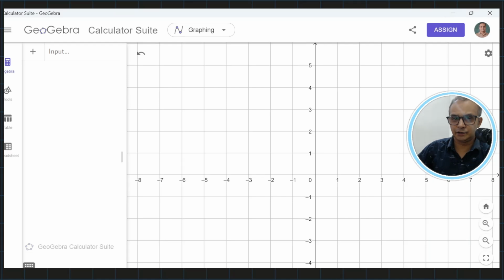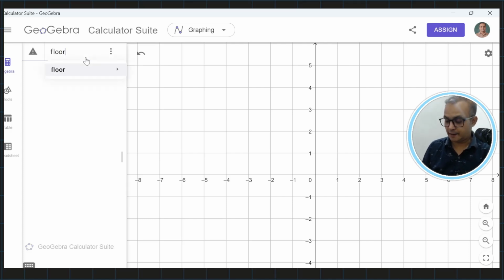Alright, so we are in GeoGebra now, and I have to plot the graph of x cube minus 5 and box x. To plot the graph of the greatest integer function, GeoGebra has no such facility, so I have to write floor.